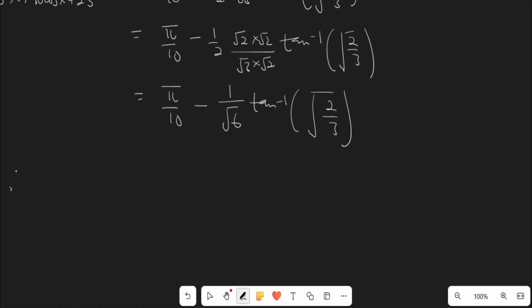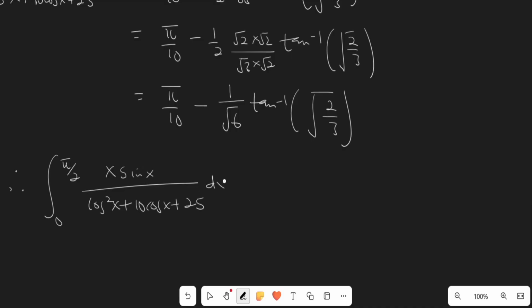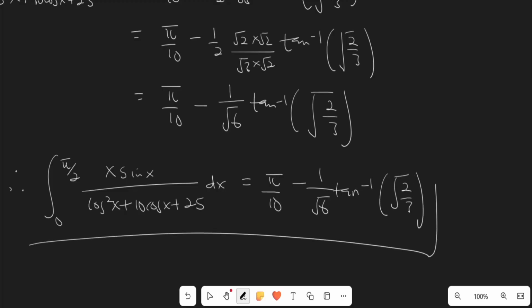Therefore, the integral from 0 to pi over 2 of x sine x all over cosine squared x plus 10 cosine x plus 25 dx is going to be pi over 10 minus 1 over the square root of 6 and the arctan of the square root of 2 over 3. So this is the value of the integral.